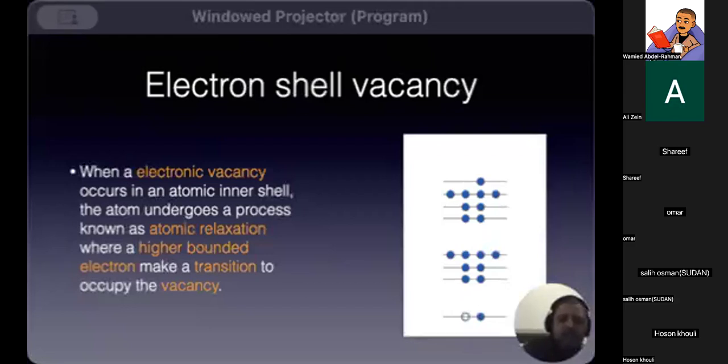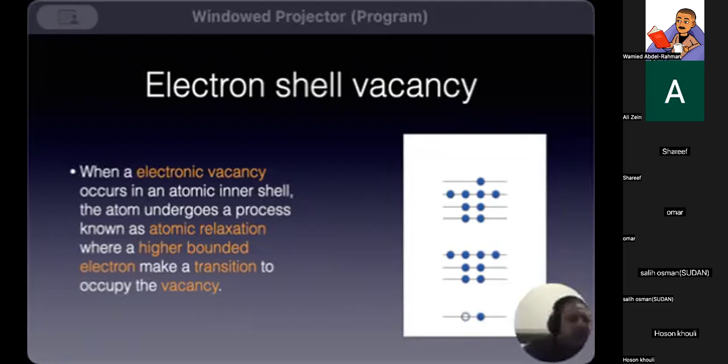When this happens, we say that the atom has an electronic vacancy, and this occurs in an atomic inner shell. The atom then undergoes a process known as atomic relaxation. When we have a vacancy in the inner shells, one of the electrons on the higher shells will go and occupy this vacancy in the lower shell.